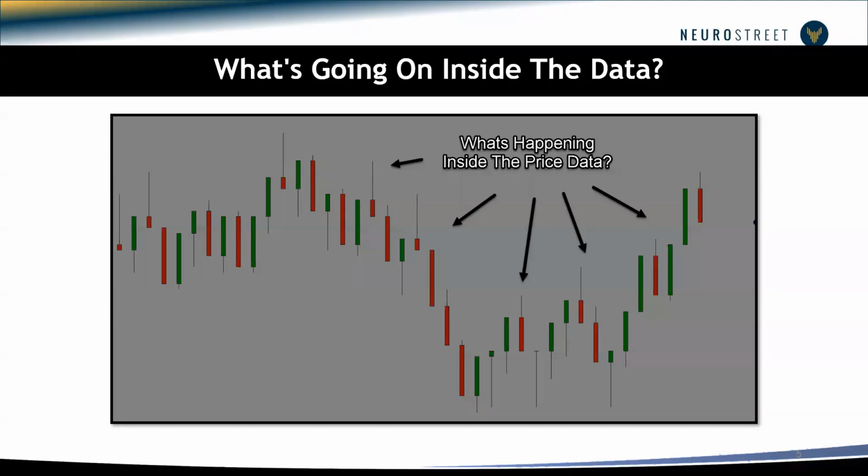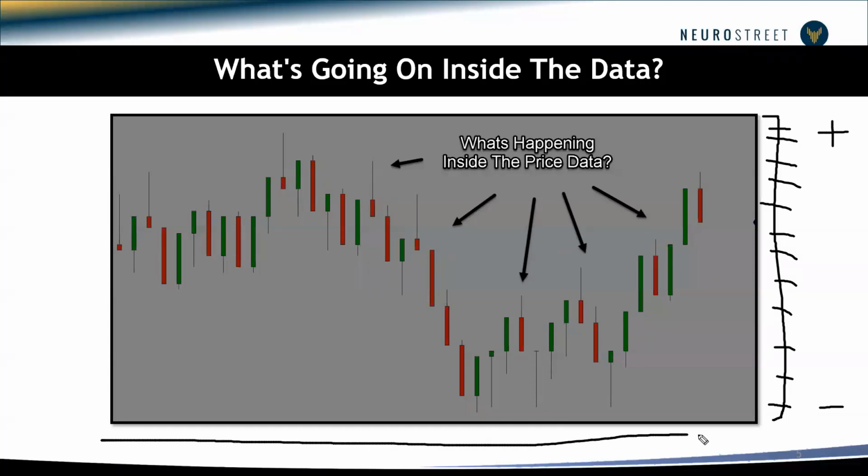So let me kind of draw something on here for a second. Let's pretend you've got a scale here and you've got prices, right? All the way to the upside, expensive prices, cheaper prices, right? That makes sense. And then you've got time. Time is unfolding.